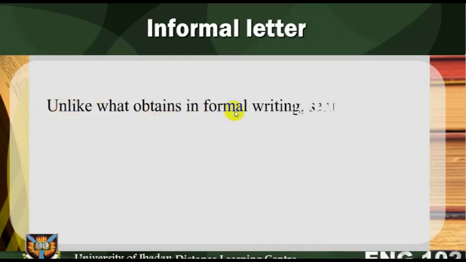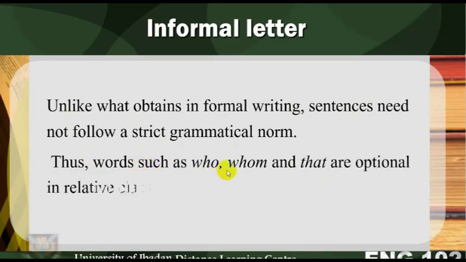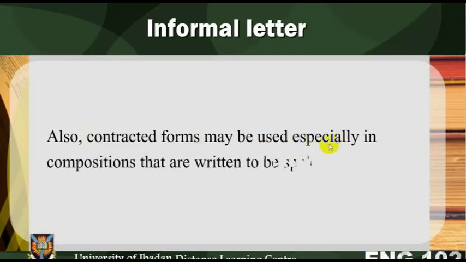Unlike what obtains in formal writing, sentences need not follow a strict grammatical norm. Thus, words such as who, whom, and that are optional in relative clause constructions. Also, contracted forms may be used, especially in compositions that are written to be spoken.